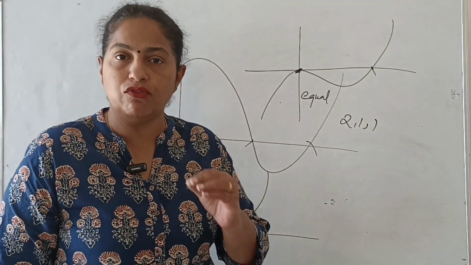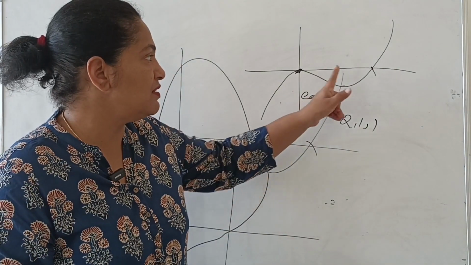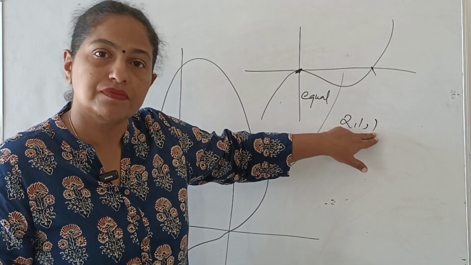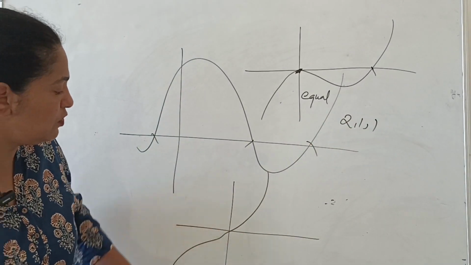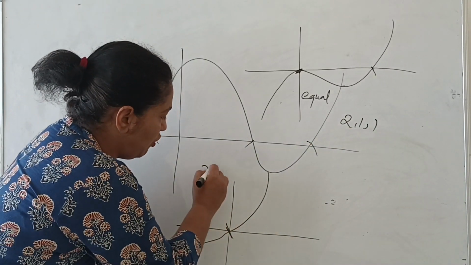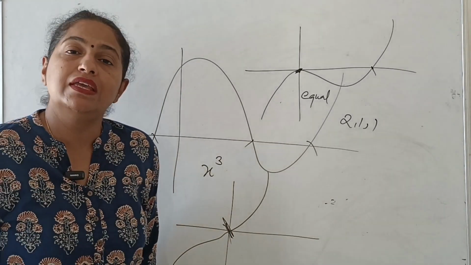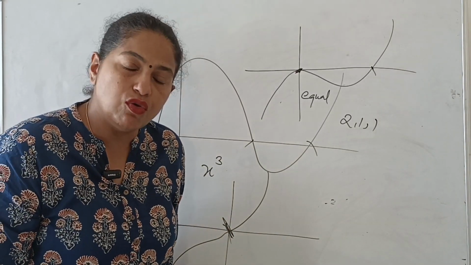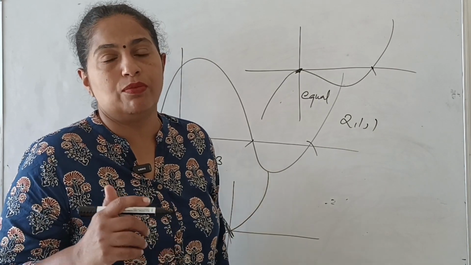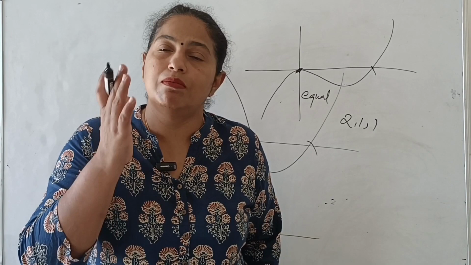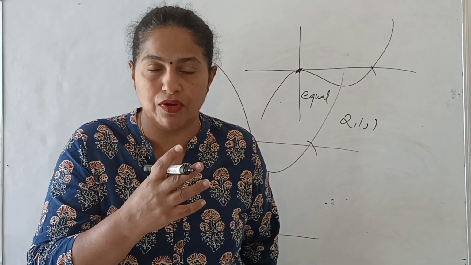If you are drawing the graph of that particular polynomial, it will touch the x-axis only at 2 points because the two zeros are equal. Similarly, look at this one. This is the graph of x cube, which is a cubic polynomial, all the three zeros being equal. So, in the case of a cubic polynomial, it can touch at 1 point, 2 points or 3 points, but the maximum will be 3 points.